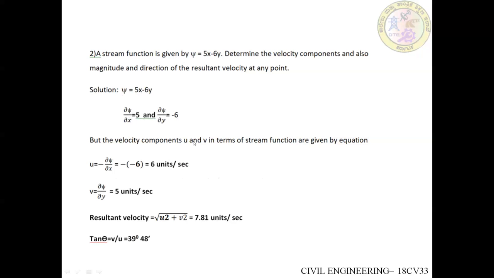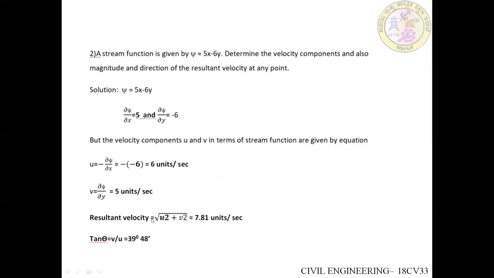So now let us determine the velocity components u and v. u equals minus dou psi by dou x, which we get as 6 units per second. Similarly, v equals dou psi by dou y, which is equal to 5 units per second.